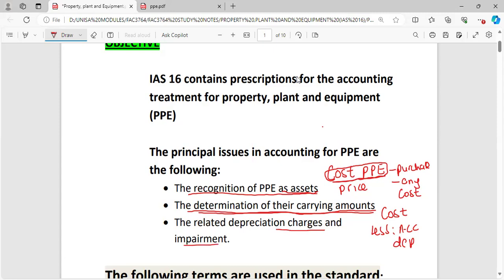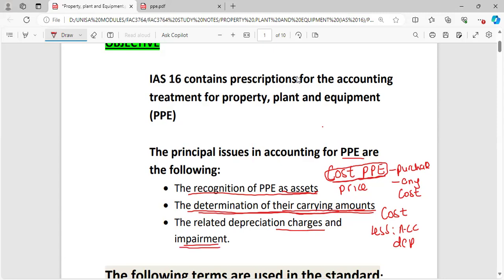So that's basically how we present PPE assets, which means we should be able to determine the cost of the asset. That is the initial measurement. Then in the subsequent measurement, we should be able to determine the carrying amount of the asset, meaning we are charging depreciation and impairment to that particular asset.